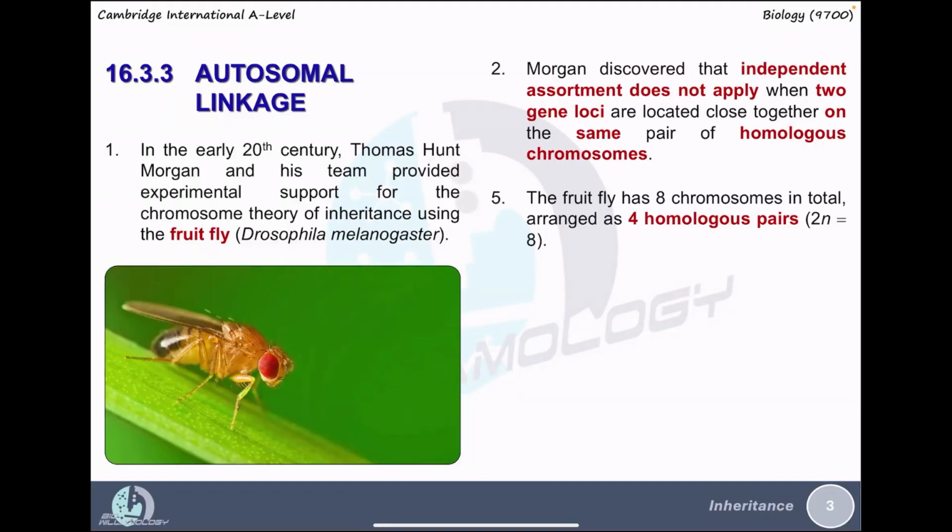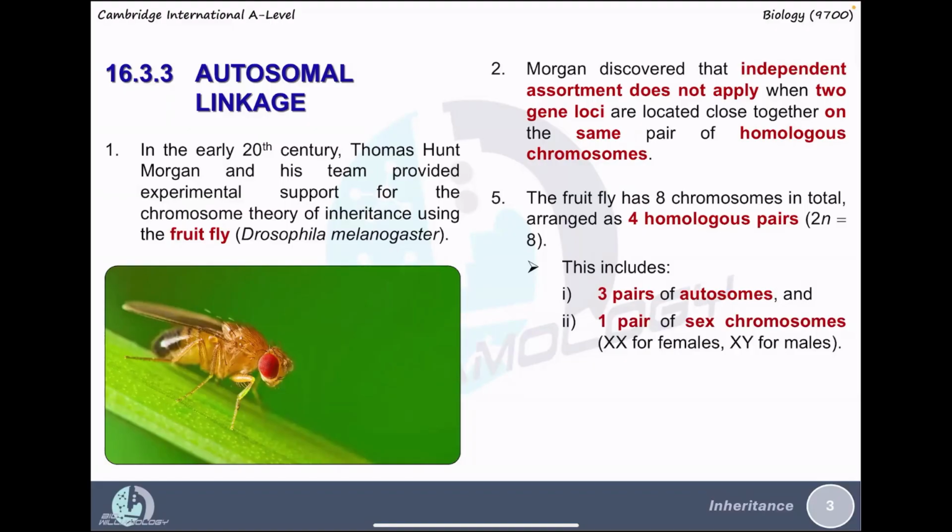Imagine that a fruit fly has 8 chromosomes in total. So for the homologous pairs, 2n equals 8 is the diploid number. This includes 3 pairs of autosomes and 1 pair of sex chromosomes, either XX for female or XY for male.